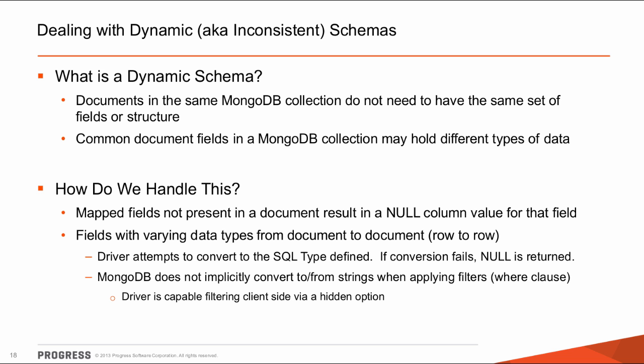In one document instance, a data element might be an integer, and that same data element in the next document instance in the MongoDB collection could in fact be a string with non-numeric characters in it.